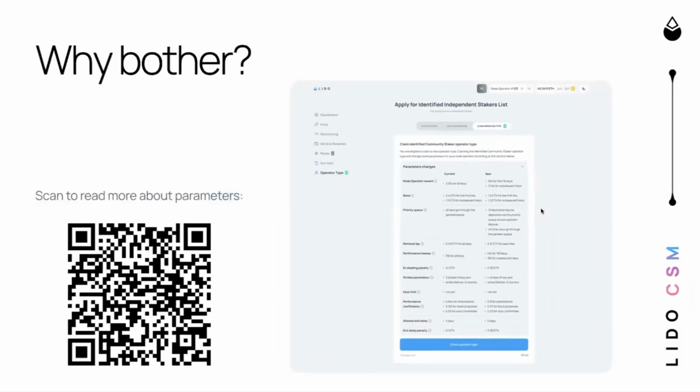So basically, this is the main reason why node operators would want to read this framework, to understand it, to get the required amount of points, just because it will make their life better when it comes to CSM.